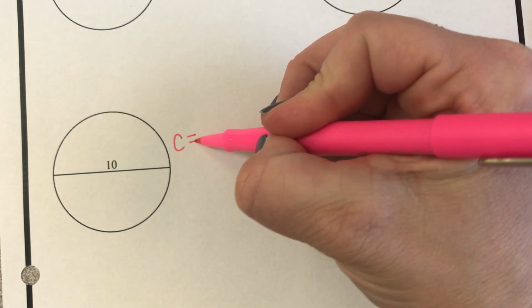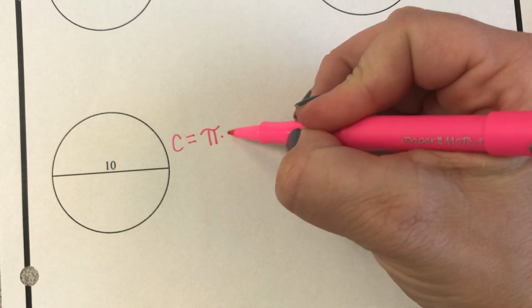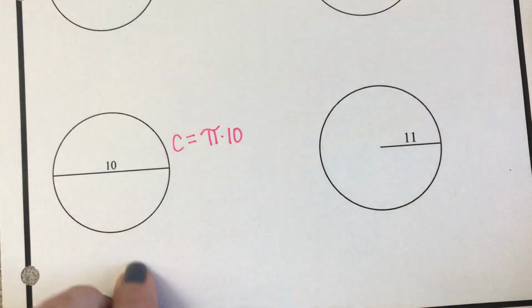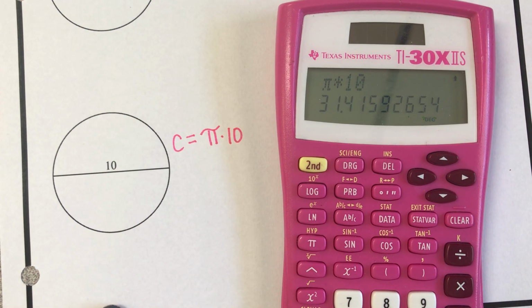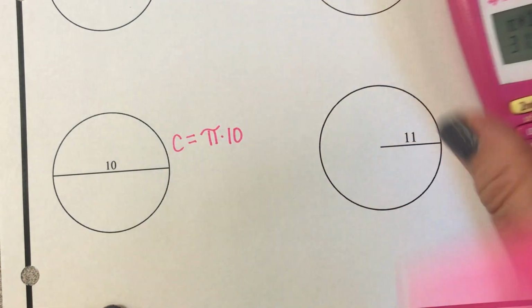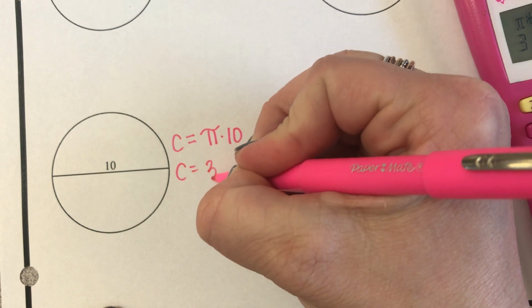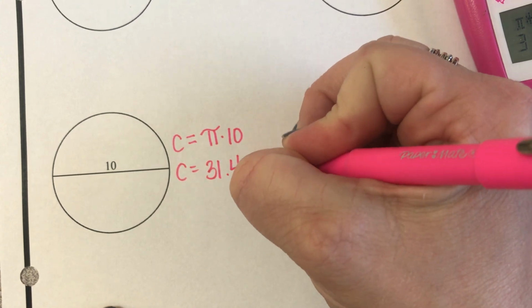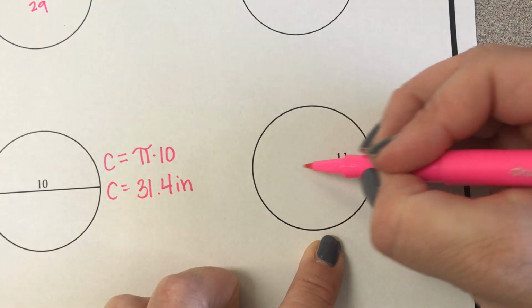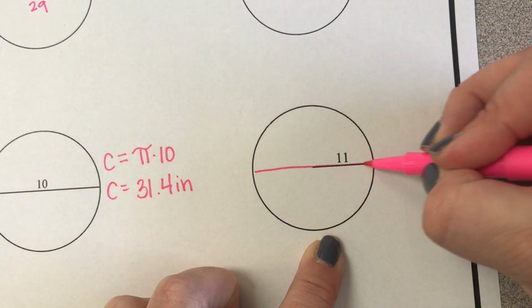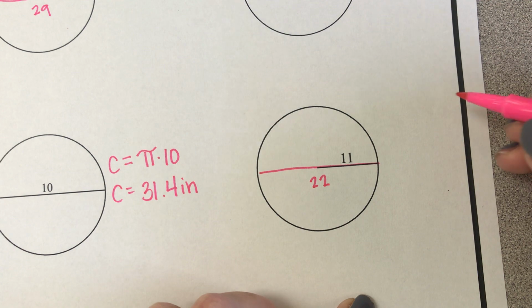Okay, so circumference is pi times 10, because 10 is all the way across the circle. Pi times 10 is 31.4 inches. On this last one, if 11 is halfway across the circle, all the way across is going to be 22.